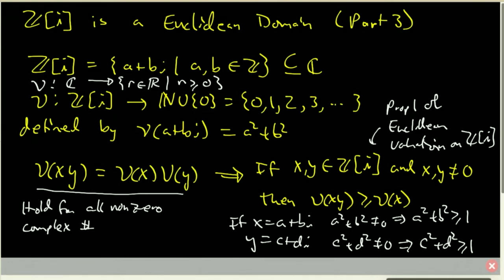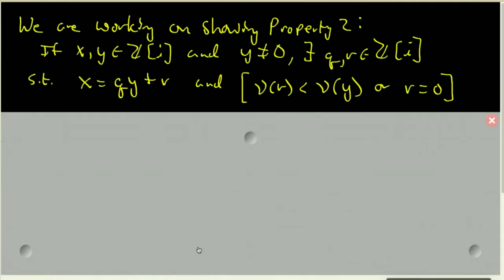In the second video, we started working on showing the second property for a Euclidean valuation. In particular, we were looking at x and y belonging to the Gaussian integers, y is not 0, and we need to show that we can find a q and an r inside the Gaussian integers such that x is equal to q times y plus r, and nu of r is strictly less than nu of y, or r is equal to 0.